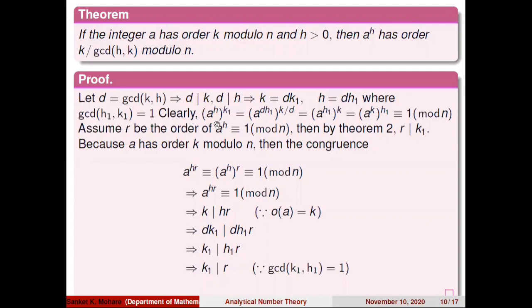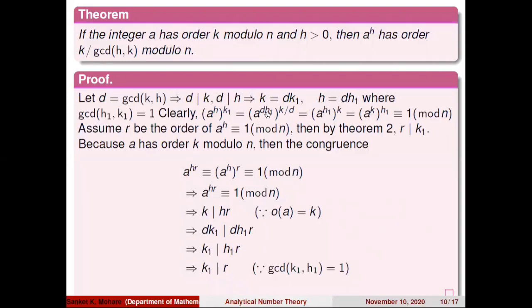Now we are calculating (A to the power H) to the power K1. Suppose A to the power H is an integer. So we are calculating A to the power H times K1. What is the value of H? H is equal to D H1.